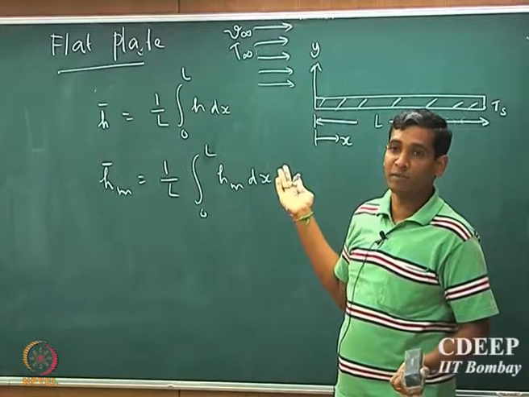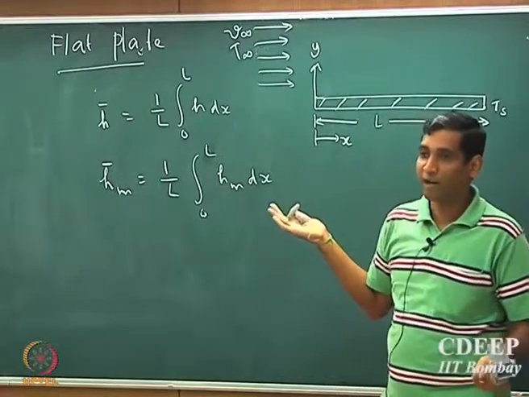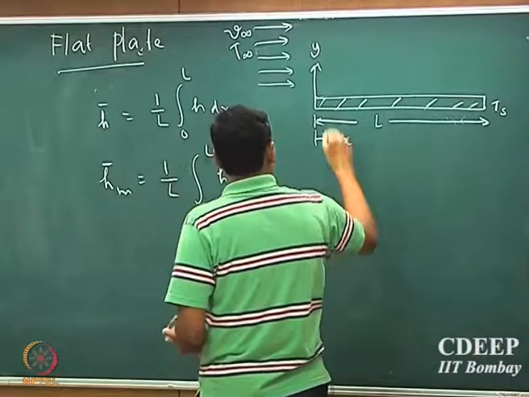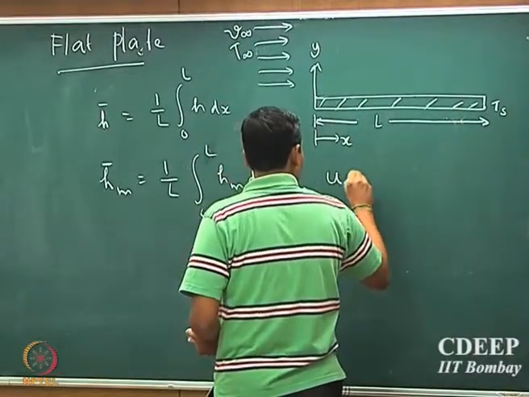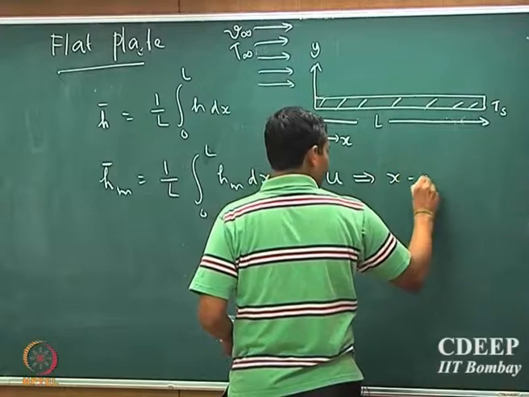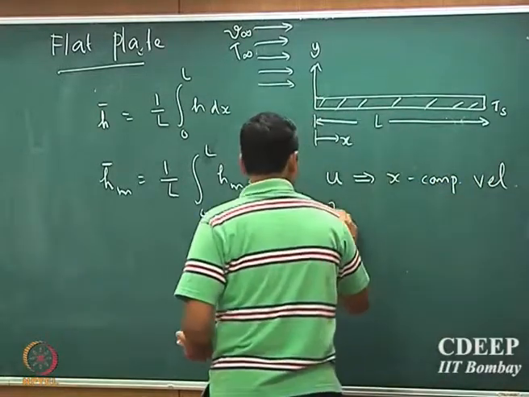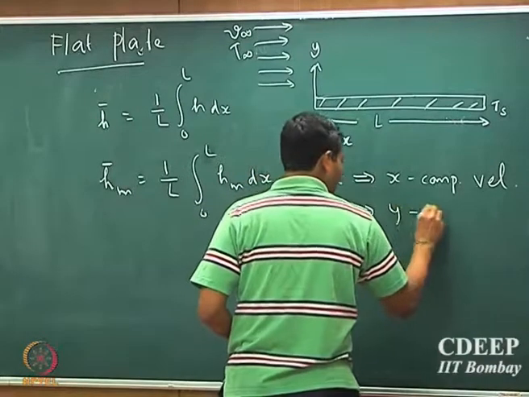If I assume that it's a flat profile, that's not a bad assumption to make, then u is the x component velocity and v is the y component velocity.